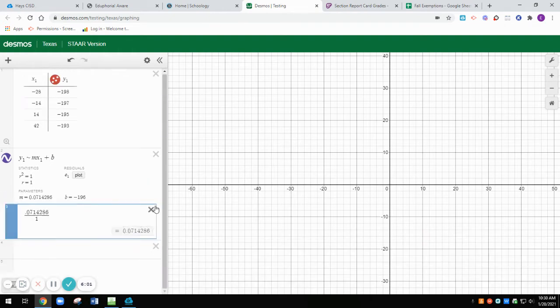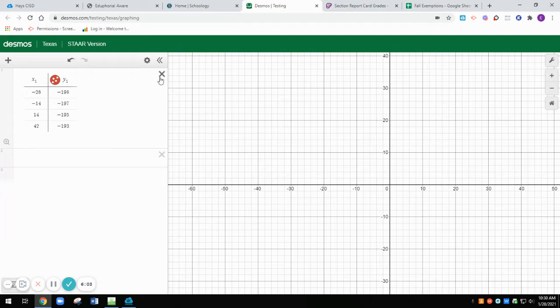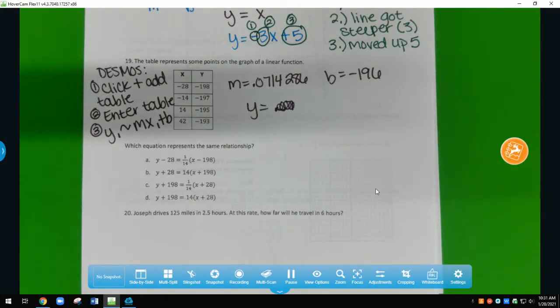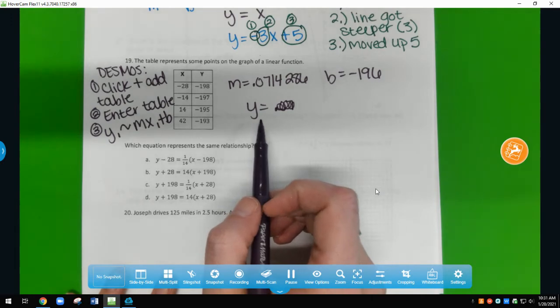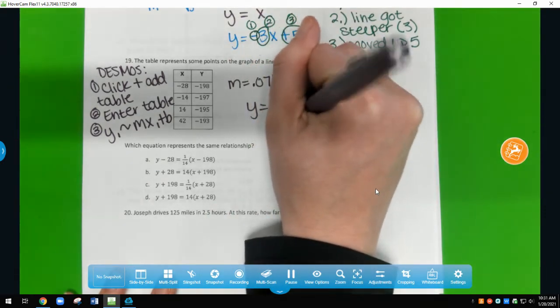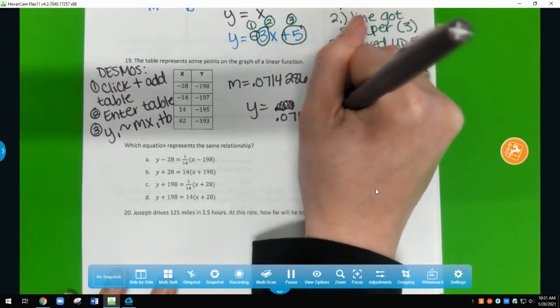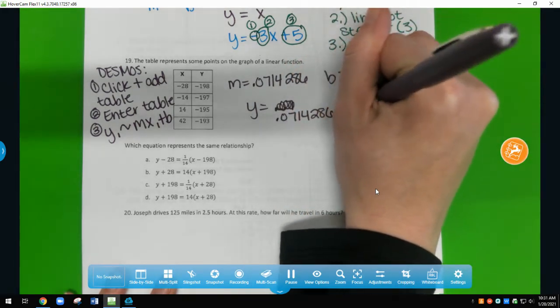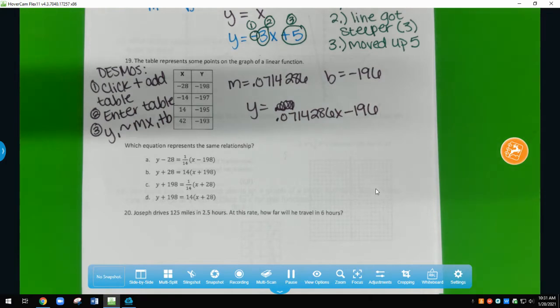Okay, so we know that if we write that equation, okay, we're not going to make that a fraction. If we write that equation, we know that that's our slope. And then we have minus 196.